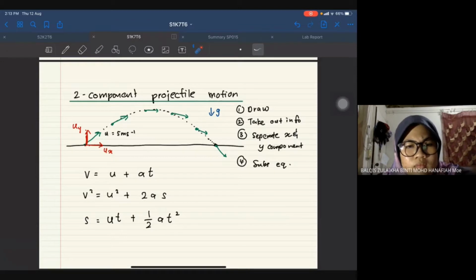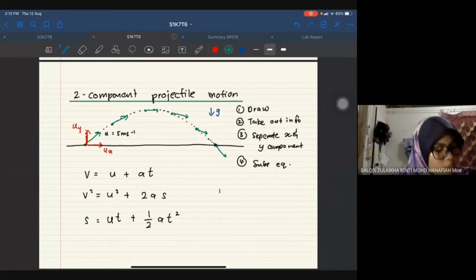So is there any force acting on the horizontal component? Is there any force that changes its horizontal speed? Once it has been released, there isn't. So if there isn't, it means the acceleration for X is 0. So the key thing here: no force in the X component.